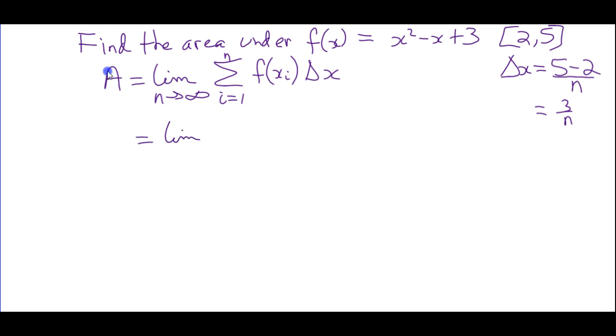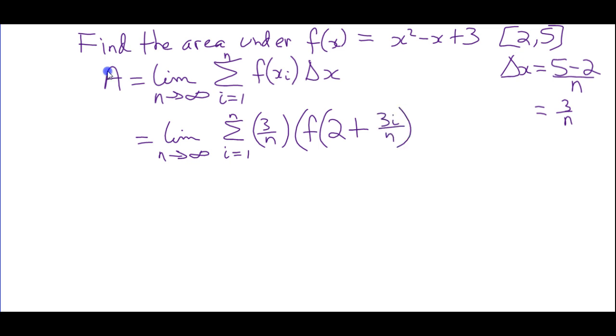So the limit... let's throw in the delta x first. We'll just go 3 over n times f of x sub i. Well, what's f of x sub i? We know it's f of x0, so it's 2 plus delta x times i, so 3i over n.